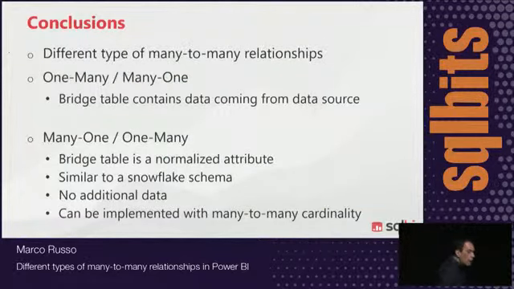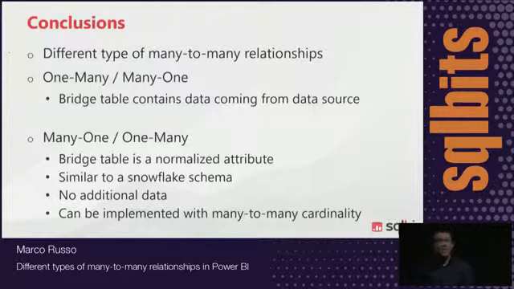So I wanted to explain to you today what are the different types of many-to-many relationships we have in a data model. And the many-to-many relationship, as a type of relationship in Power BI, is just a type of granularity. And it requires an intermediate table that in reality does not contain any additional information.